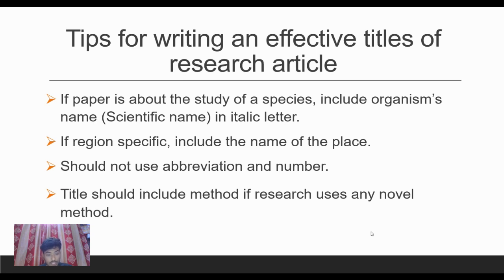If the research is region specific, include the name of the place. Title should not use abbreviations and numbers. Title should include the method if the research study uses a novel method.